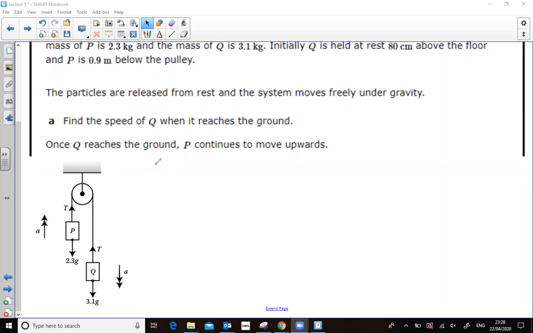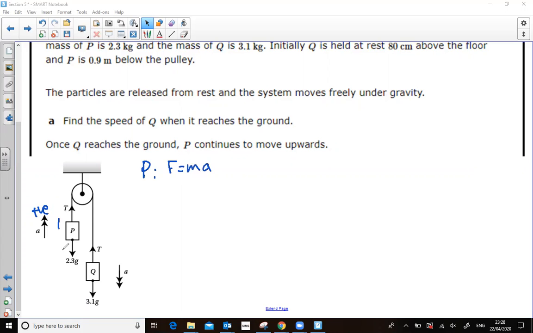Now let's try to use F equals ma for both objects P and Q. So let's consider what is happening for P. Okay, so for P, now remember going up is the positive direction. And we have F equals ma.